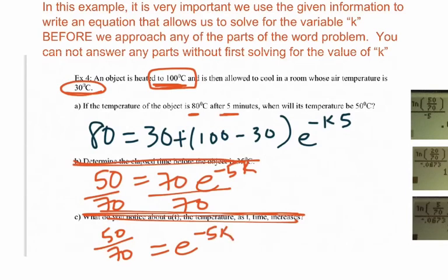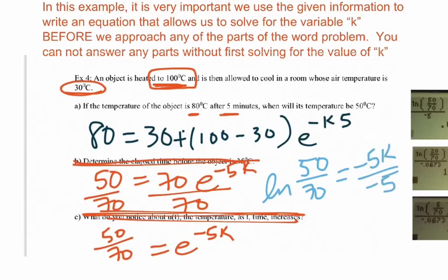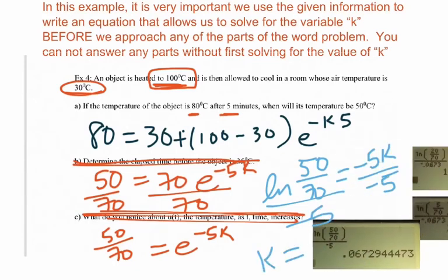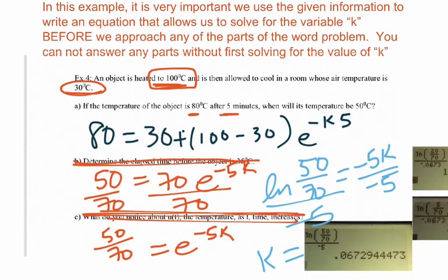And then I want to write this logarithmically. So it's going to be ln of 50 over 70 is equal to negative 5k. And then I'm going to divide by negative 5 just to solve for k. And my k value is going to be over here.